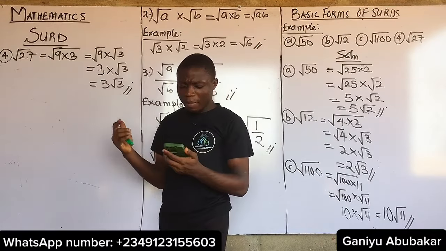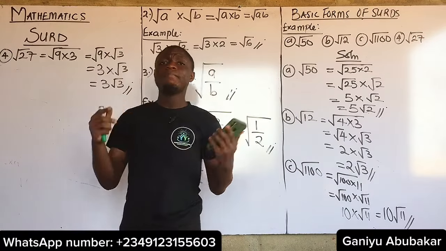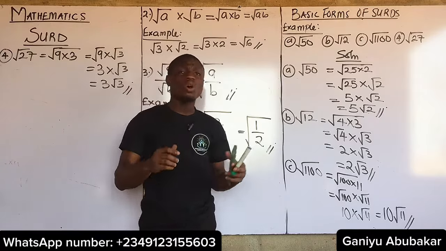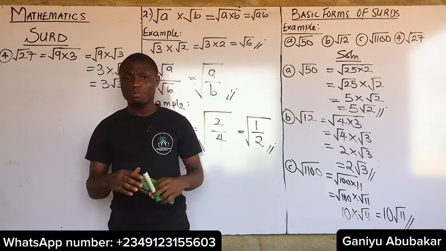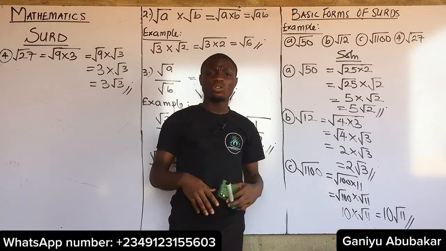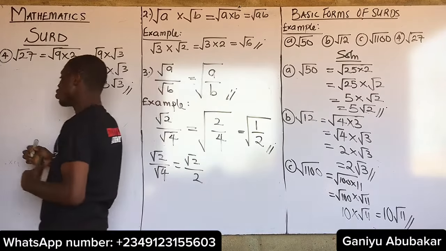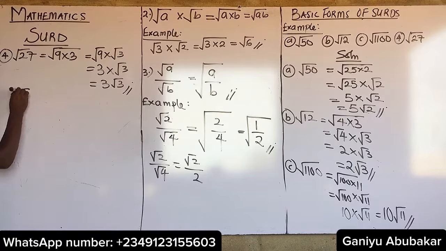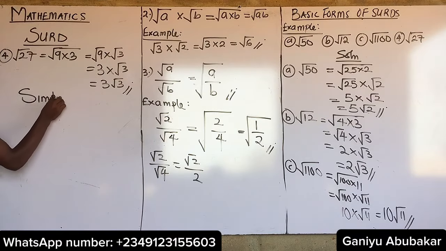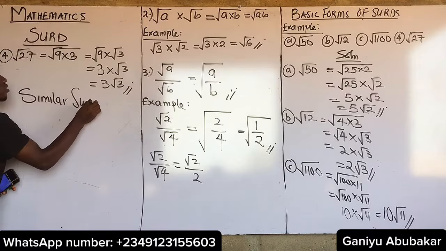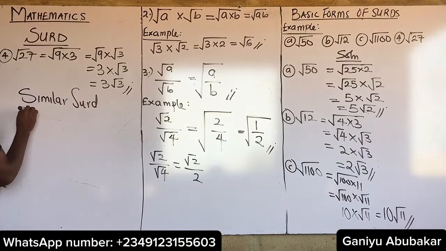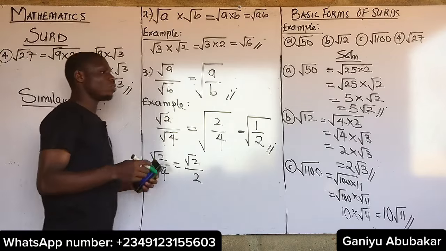All right. Having understood the idea behind basic form of surd, let's discuss one last key concept before we dive into addition and subtraction of surd. That is called similar surd. When is a surd said to be similar? Let's discuss the concept behind similar surd.